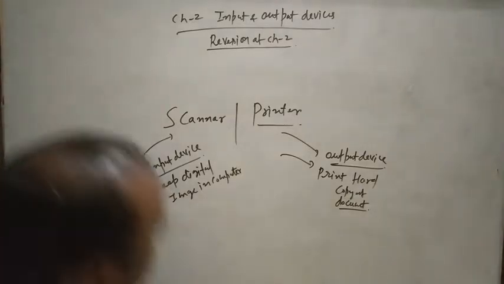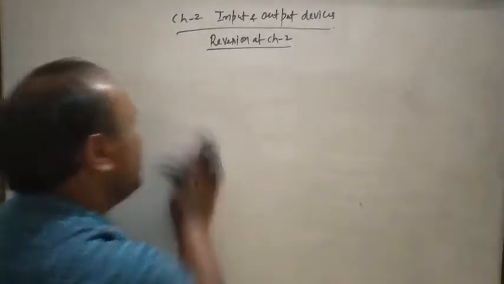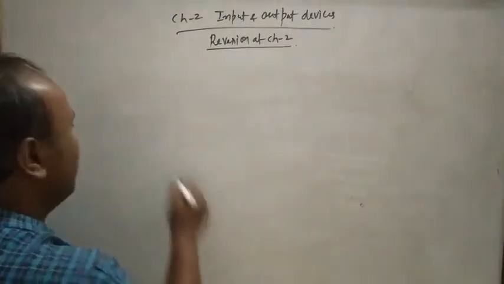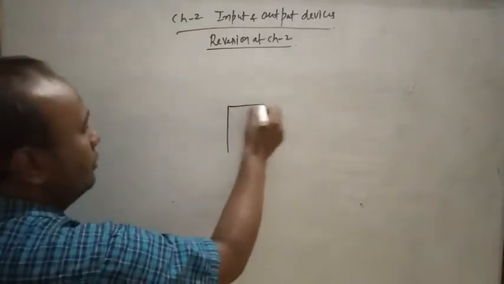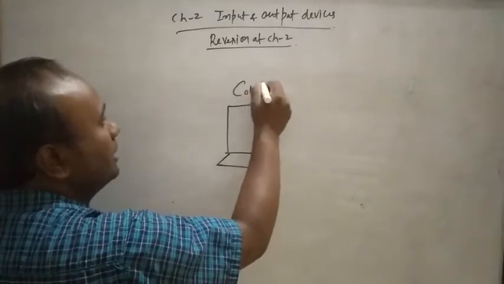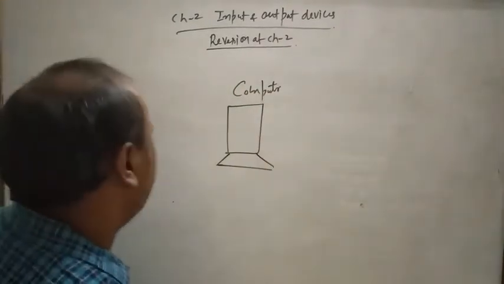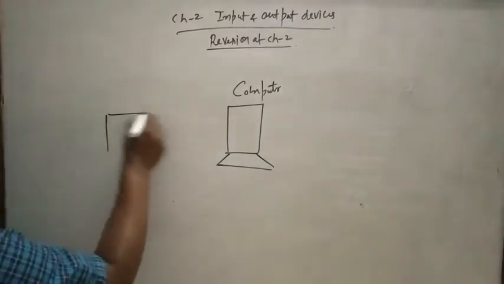First of all, the working of the scanner and printer. Suppose this one is the CPU, the computer. Here is the inbuilt CPU and other things. This is the scanner.